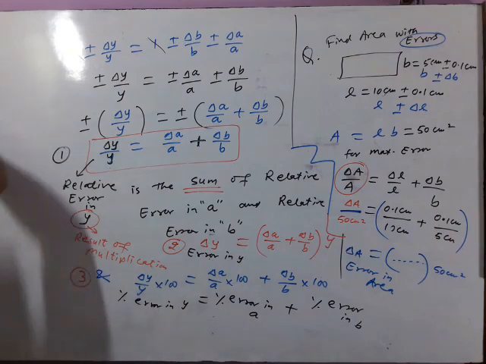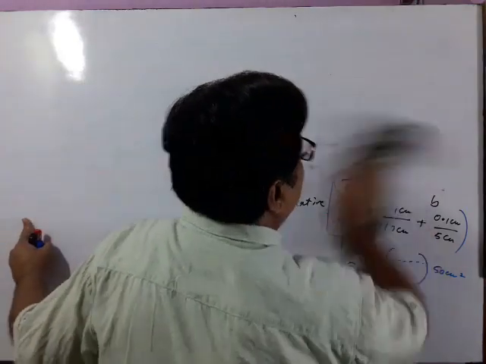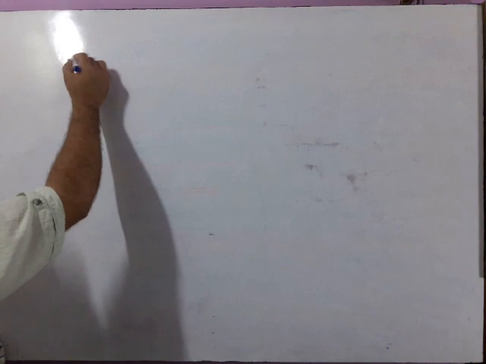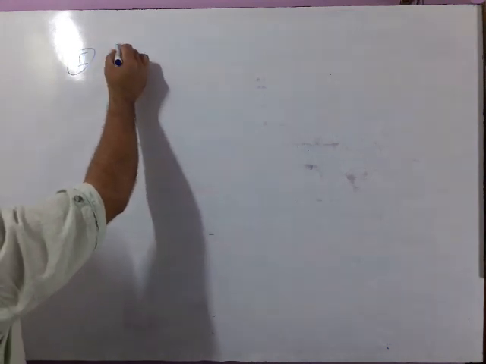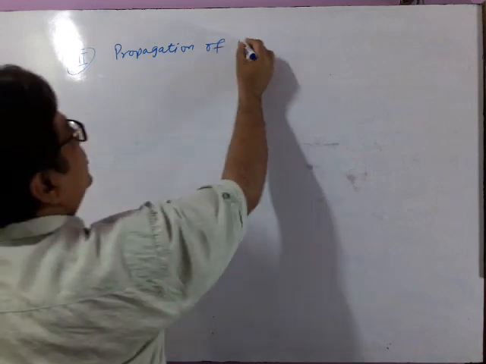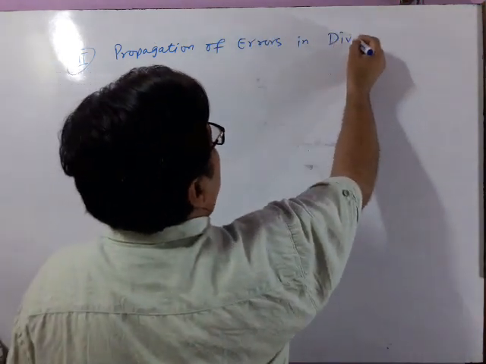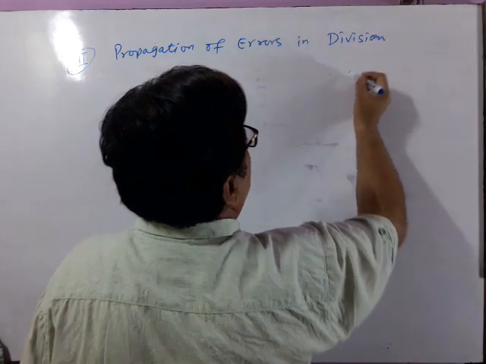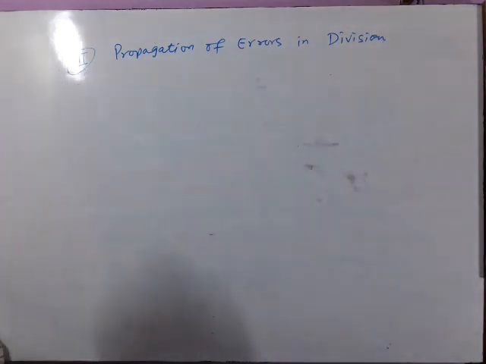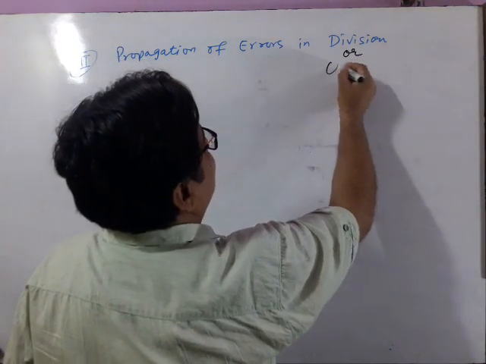Breathe in again. Now part 2. Discuss propagation of errors in division, or you may call it quotient.